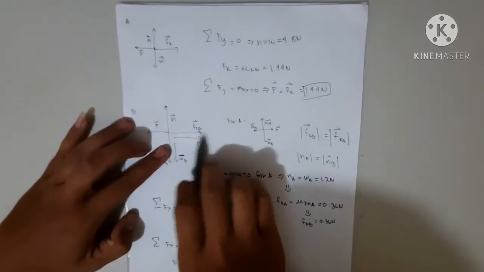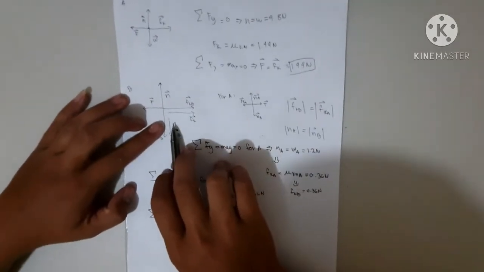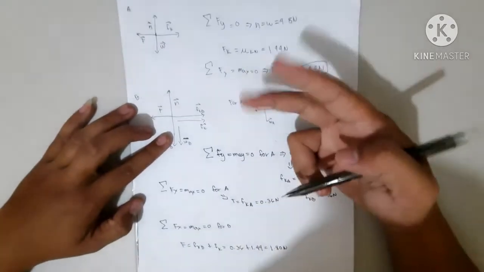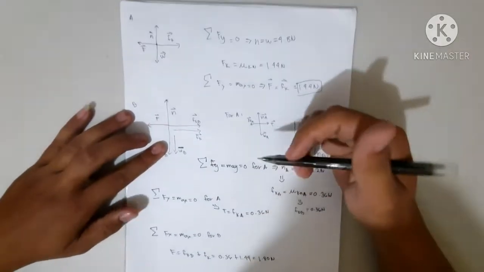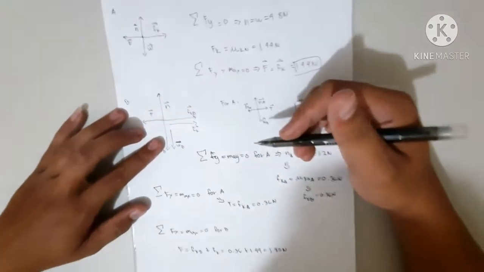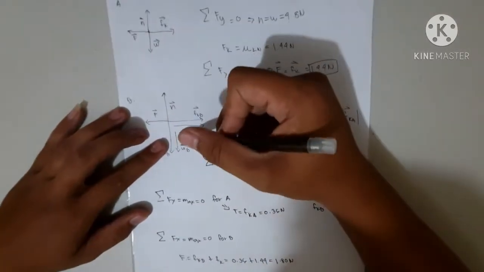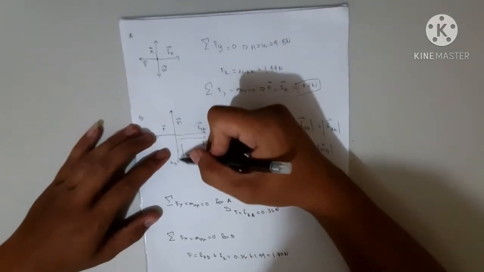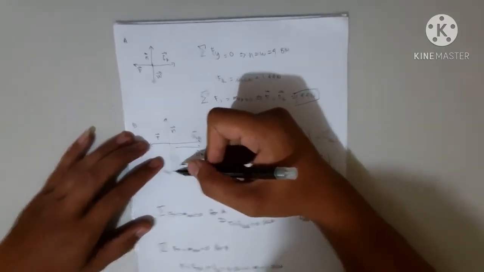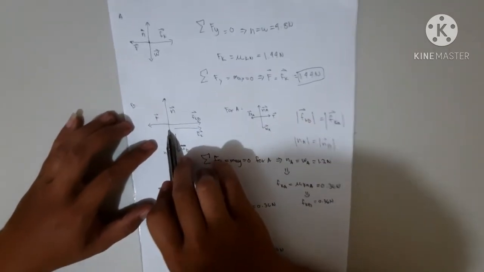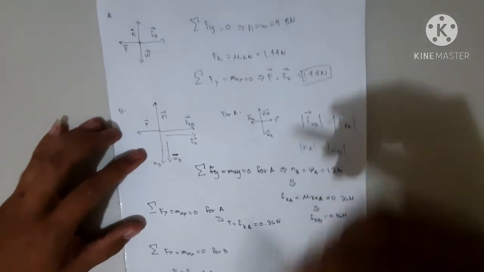There is a friction force. There's another friction force between the ground and block B. The reason why there are two friction forces is that one is between A and B, and the other between B and the ground. There's also a weight force of block B, and there's also a normal force from block A being pushed down on block B. There is also a force that will apply to the left.